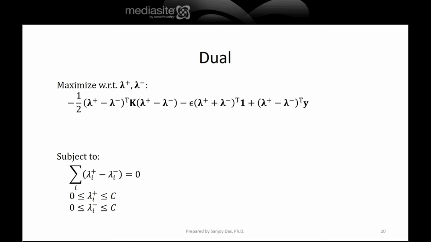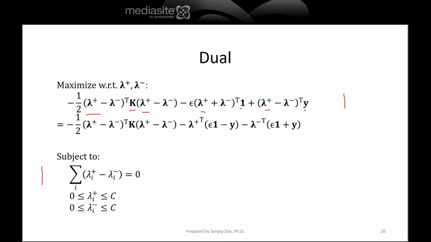Now, I can vectorize the objective function, and this is what I get. Minus half lambda plus minus lambda minus transpose times the kernel times lambda plus minus lambda minus, minus epsilon lambda plus plus lambda minus transpose 1, plus lambda plus minus lambda minus transpose y, subject to these constraints, which upon further simplification gives me this expression.